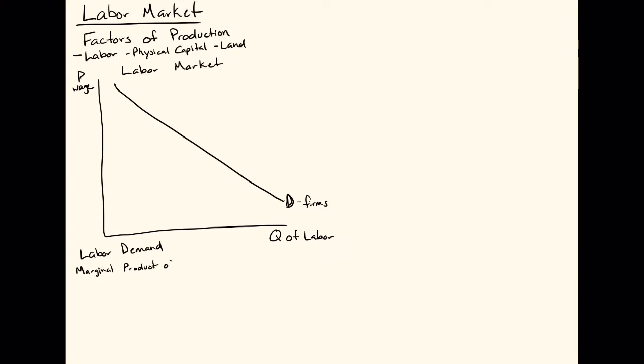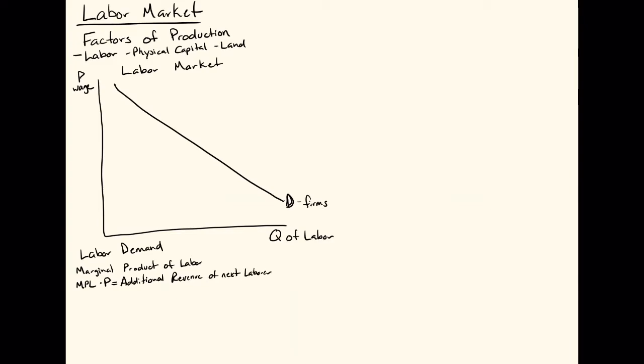If we simply multiply this MPL by the price of the final good, this would show the additional revenue the firm would bring in by selling the extra units the worker would produce, or the marginal benefit to the firm.